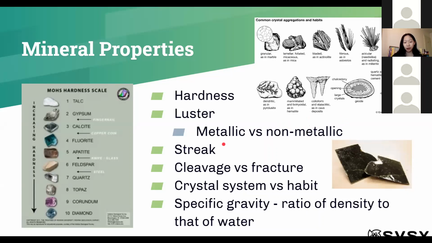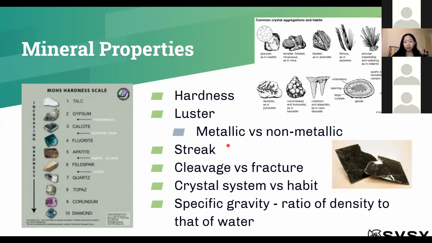The next main property would be streak. Streak is the color of the powdered mineral. How you would find it is you would take a plate of unglazed porcelain, which is kind of rough, not really, but kind of.